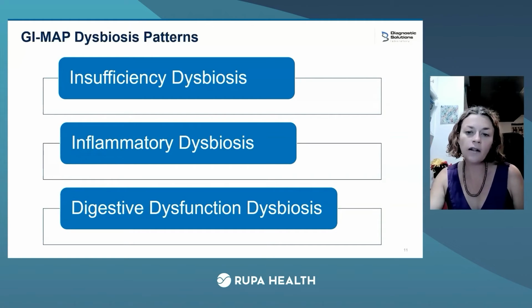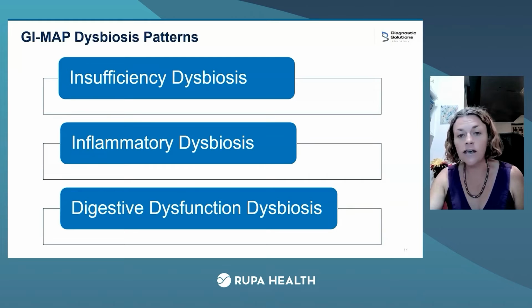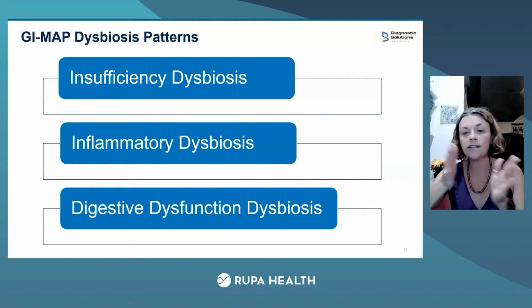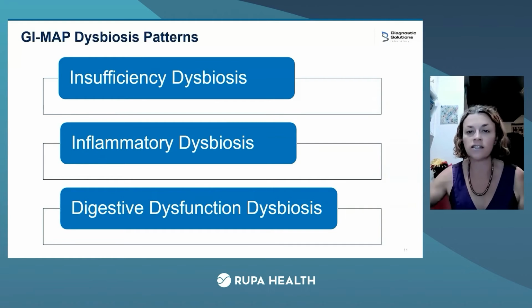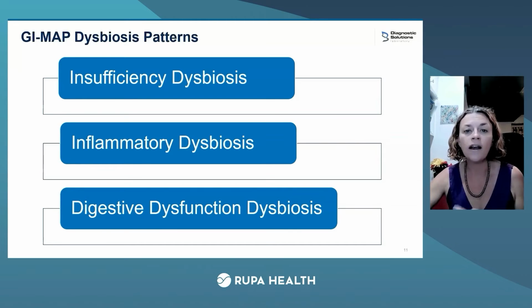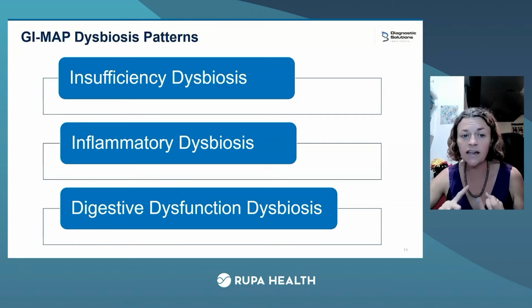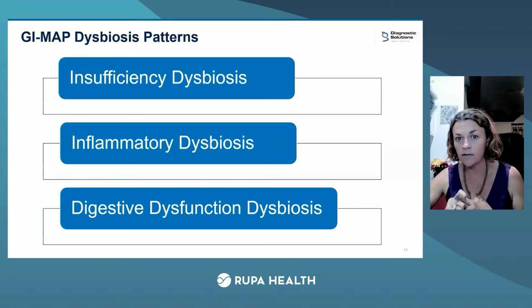So we have three main buckets of dysbiosis. Not every GI map you see will cleanly fit into these buckets. Of course, sometimes there can be overlap, but it's a really great way of understanding this test. The three main patterns that we're educating on are insufficiency dysbiosis, inflammatory dysbiosis, and digestive dysfunction dysbiosis.